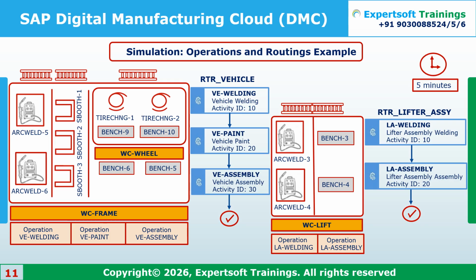The historian server will give the information to DM, and then DM will process the data and transfer it with the help of the cloud connector and the BTP to the S4 system. So the flow is from the machine, to the historian, then the DM, then BTP, and then to SAP.